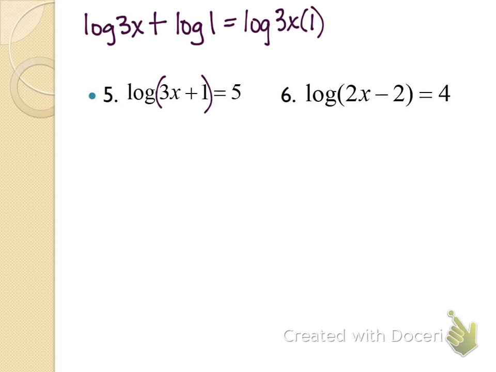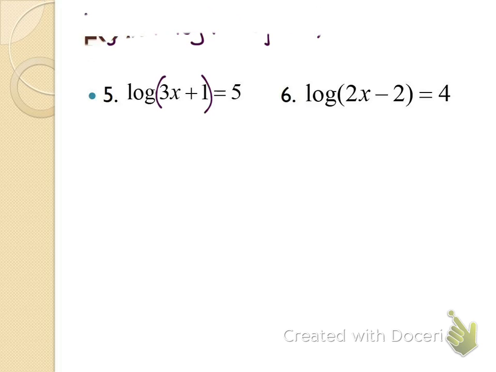Do you remember doing that? But here we've only got one log already, so we're not going to be able to use that product rule. Does that make sense? Do we see how these are different? I appreciate that we were trying to use one, but I don't know that we can on this one. So let's go ahead and try going straight to exponential form.